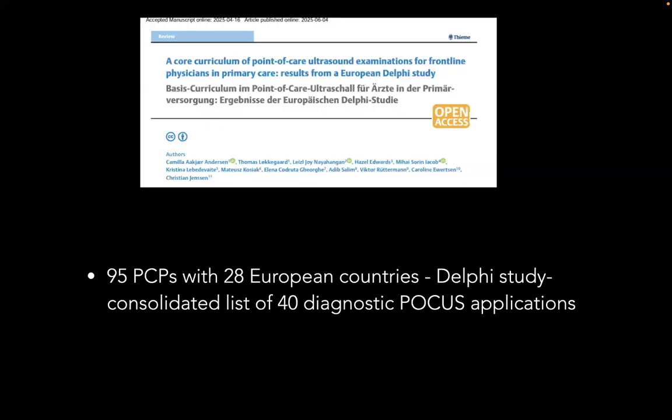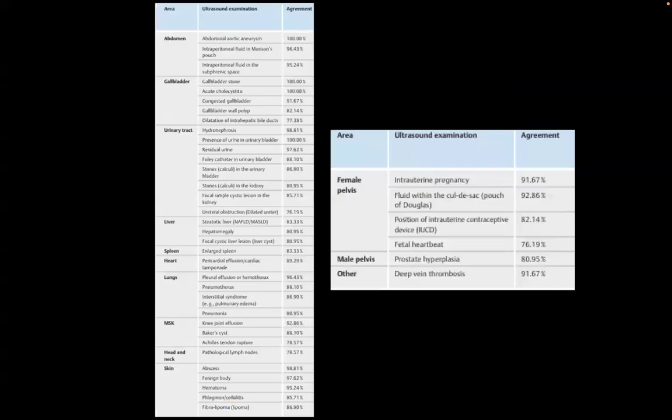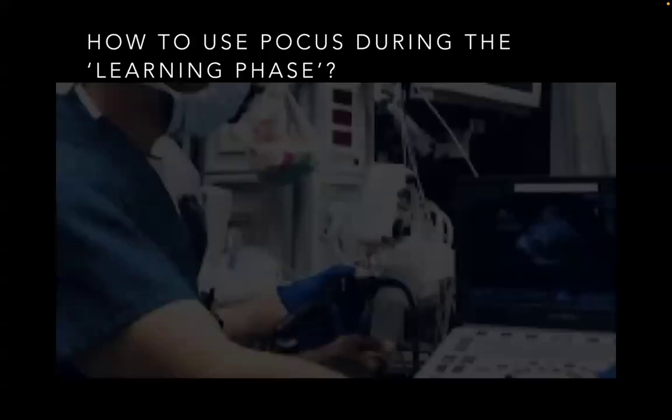This involved almost 100 PCPs in nearly 30 European countries, and consolidated a list of 40 applications, which also show a very similar list, anywhere from abdomen, gallbladder, urinary tract, to the liver, spleen, lungs, MSK, skin, pelvis, and DVT. So we're going to really hit the highlights here with these next 6 months. And I hope you all will be very interested in learning this with me.